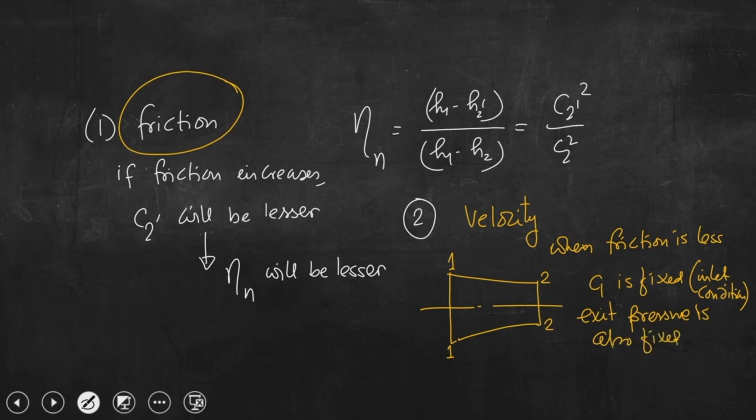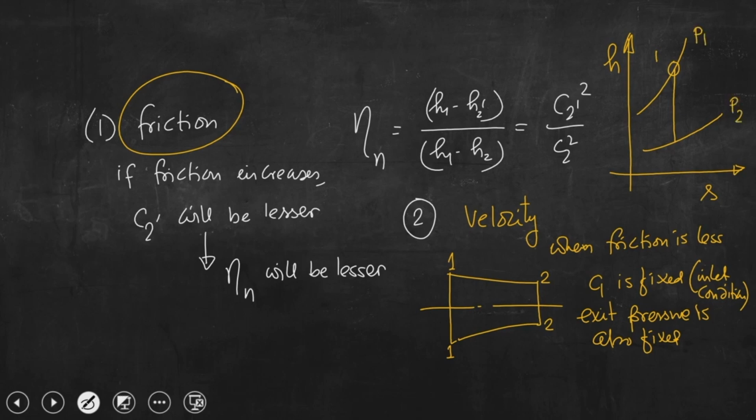Right, and if we try to map the process in the h-s plane, this is 1, this is P1, this is P2, so this is 2.